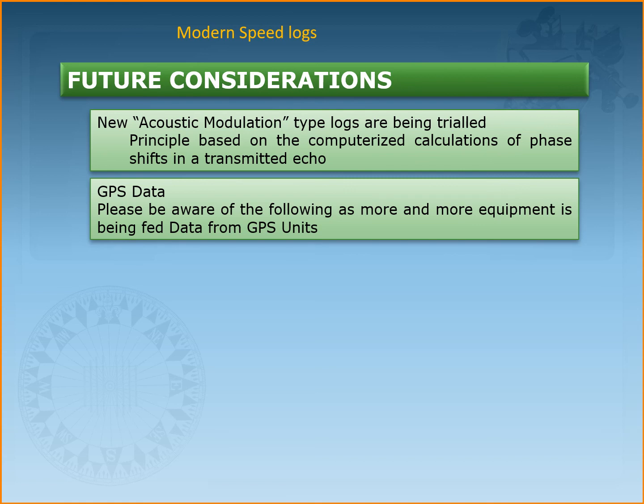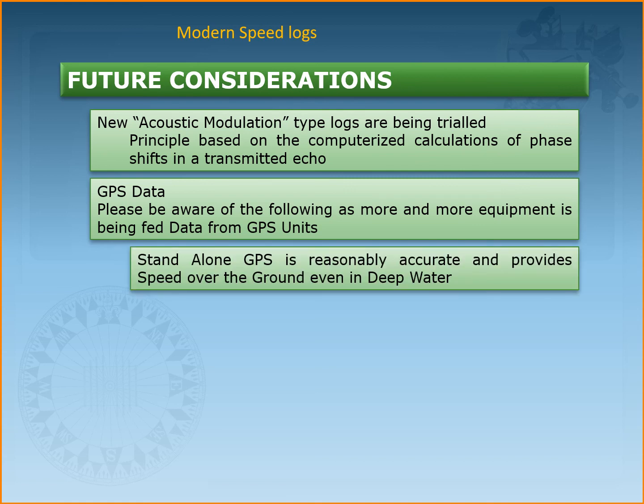These are called electronic acoustic logs, as they have processors with memory and the usual modern computing circuitry to estimate the speed through the water as well as speed over ground. These work on the acoustic modulation principle, where the sound echo is received by two transducers placed at a known distance, and the phase difference of the echo wave is used for speed estimation.